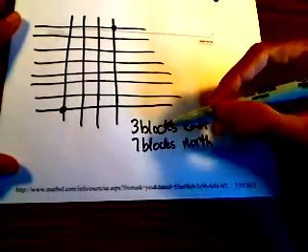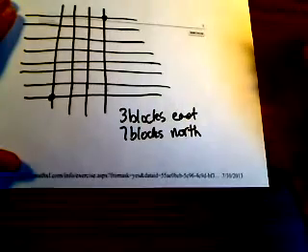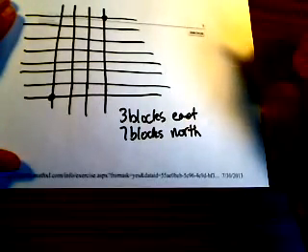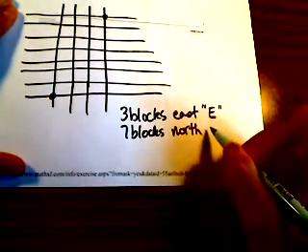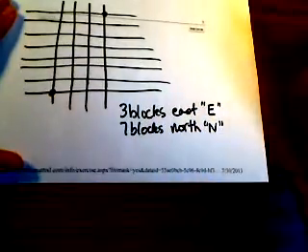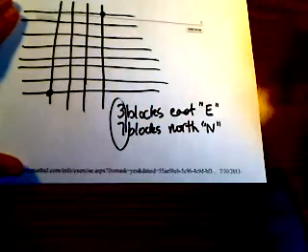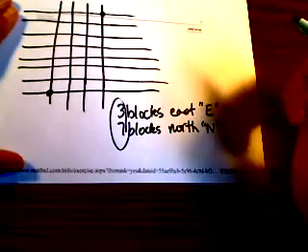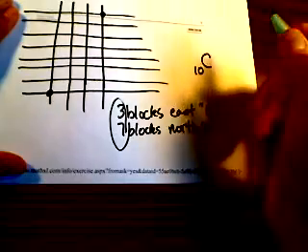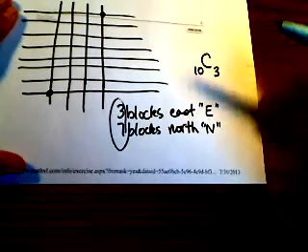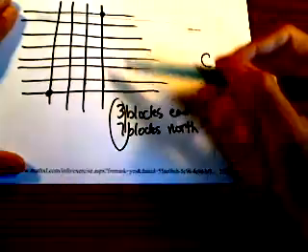Really what we're looking at is something like having a 10 letter word, and 3 of the letters are, let's just let this be E right here, and 7 of the letters are N. Okay, so really what we're looking at is 10 total, and if we take the combination of 10 things taken 3 at a time, that's going to take into account both of these situations of moving.